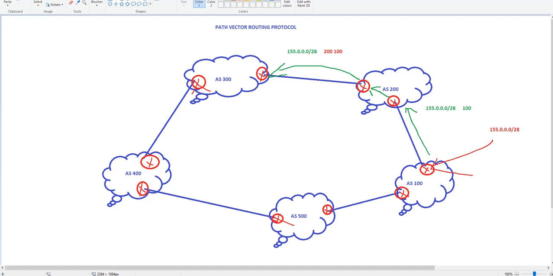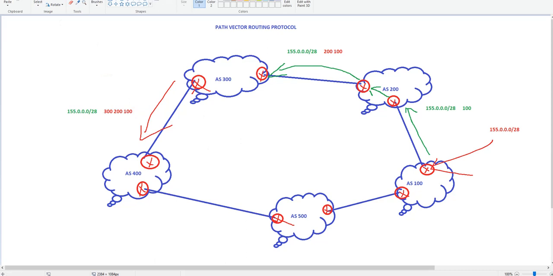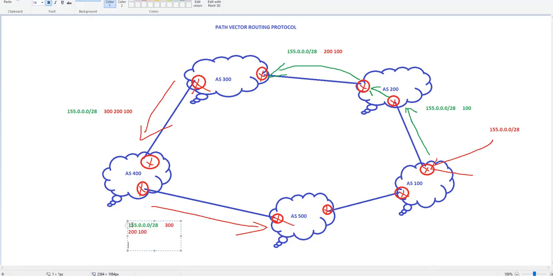Similarly, when this update comes to this AS, 300 will be included in that AS path attribute. When this router updates it to AS500, 400 will be added.